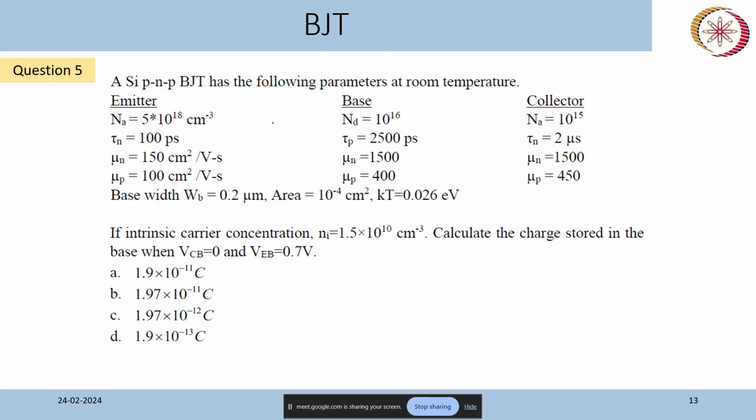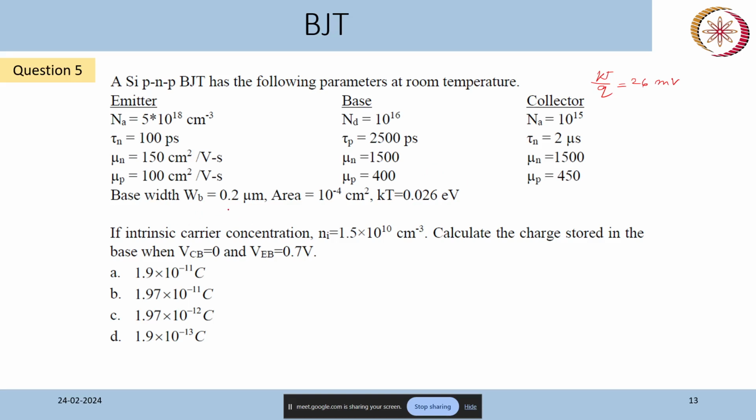So let's go to the next question. Question 5. A silicon PNP BJT has the following parameters at room temperature. So room temperature means kT by q is 26 millivolt. For emitter, the doping concentration, the mobilities and recombination time are given. Similarly for base and collector also.